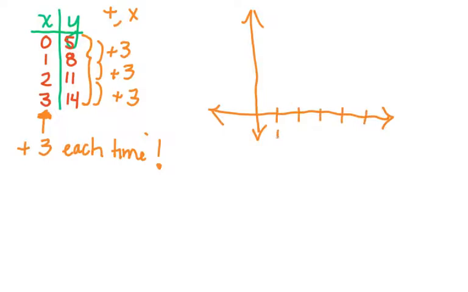And I know that this is 1, 2. This is 0 right here. In fact, let me change that to red, so you know. That's 0. And then I'm not going to mark anything on the Y side because my numbers range from 5 to 8 to 11 to 14.